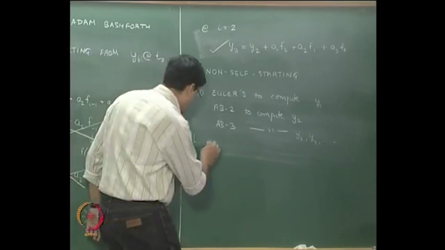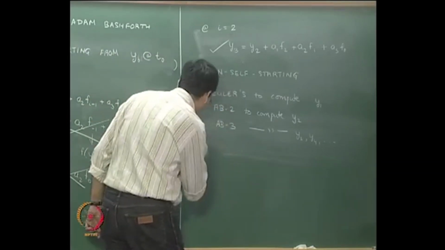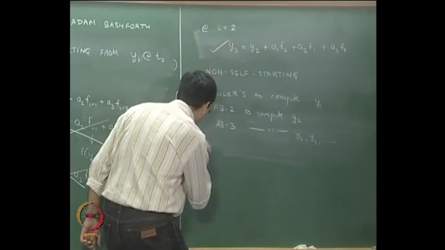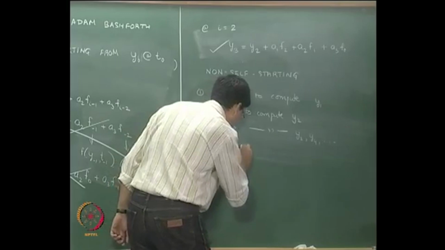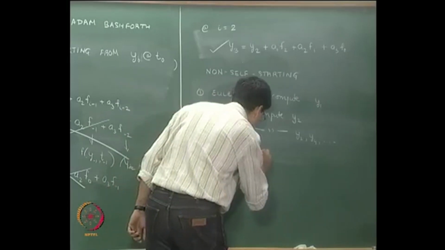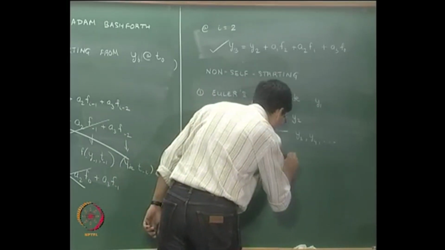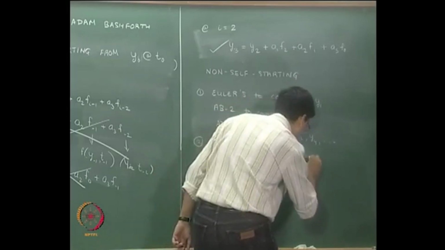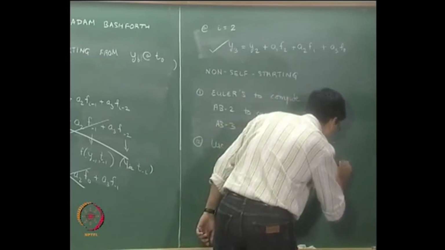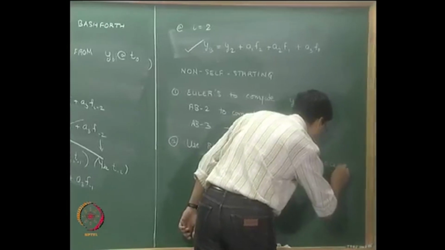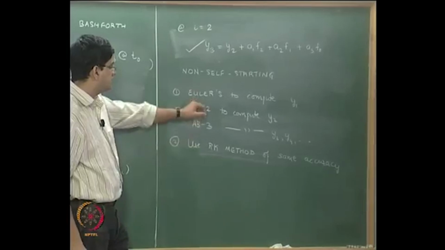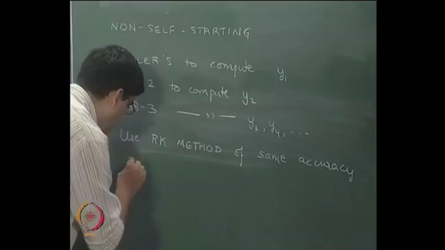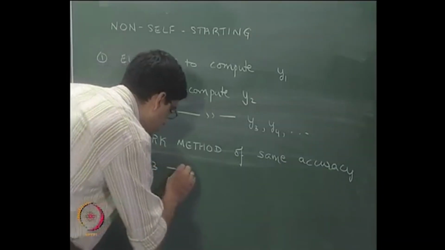The second possibility is to use the self starting methods such as the Runge-Kutta method, and the RK method of the same accuracy that we can use is essentially the RK3 method.